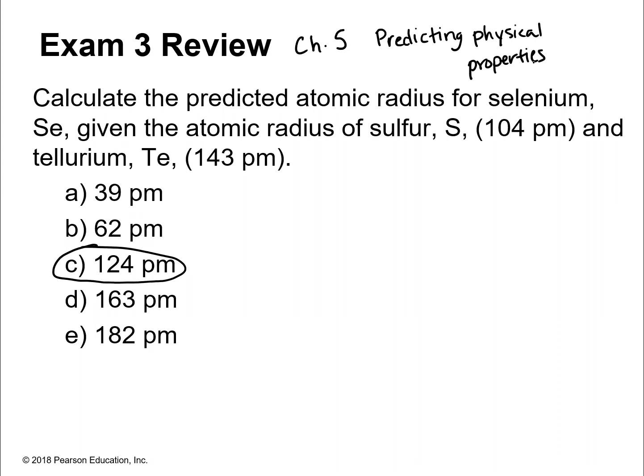In order to predict a property, whether it's chemical or physical, all of the elements have to be in the same group. And they are. They're in group 6A. We know something about the atomic radius of sulfur and tellurium.